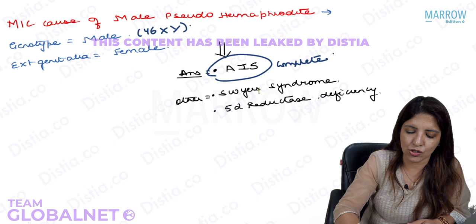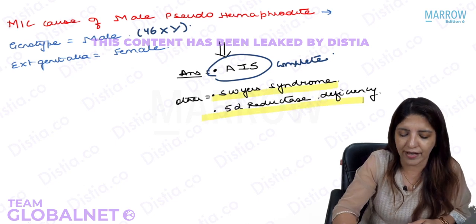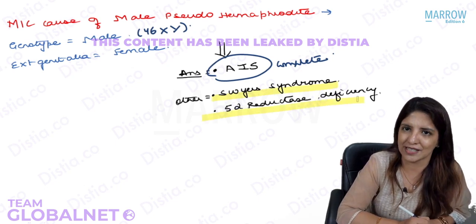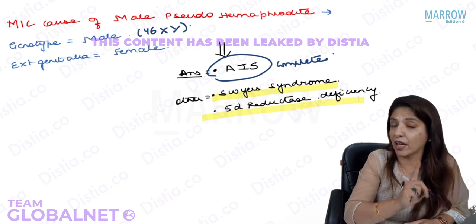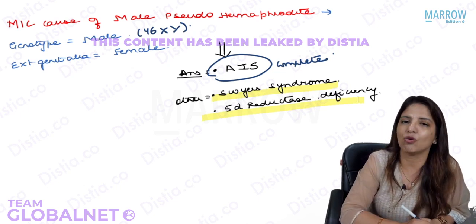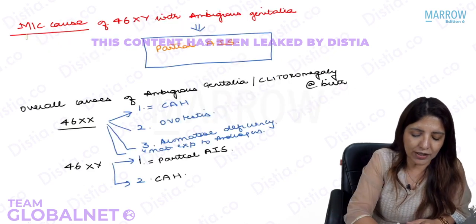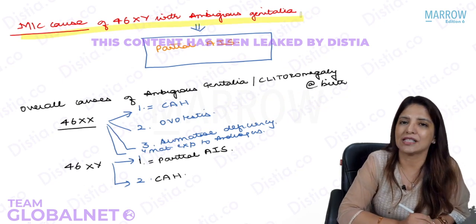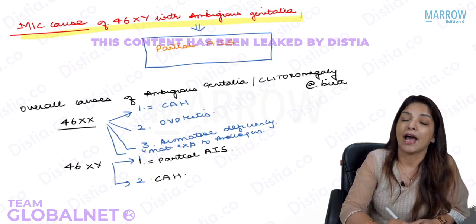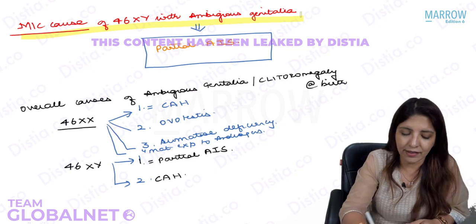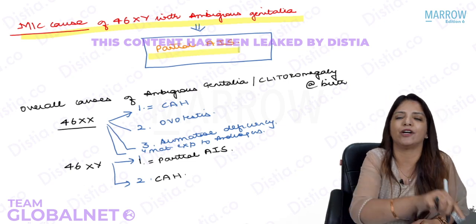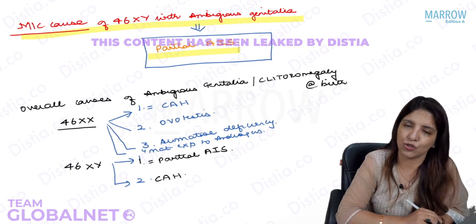The answer is Swyer syndrome and 5-alpha reductase deficiency. Right? Be very careful what the question is asking you. They are asking you the most common cause of male pseudohermaphrodite. But if they ask you what is the most common cause of a 46XY individual with ambiguous genitalia, then the answer is partial androgen insensitivity syndrome.